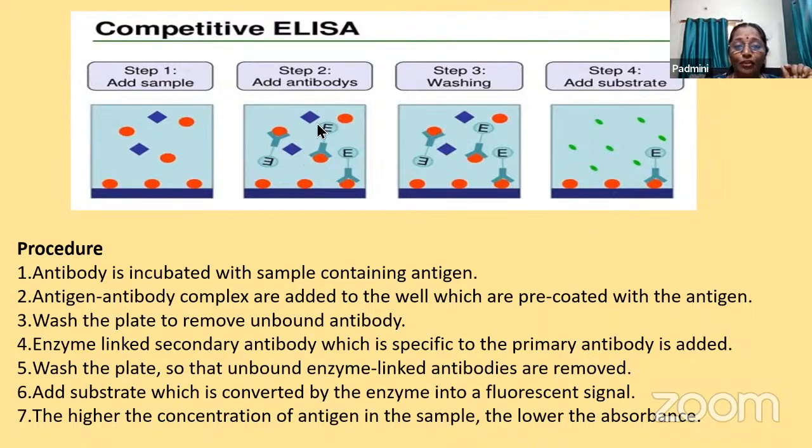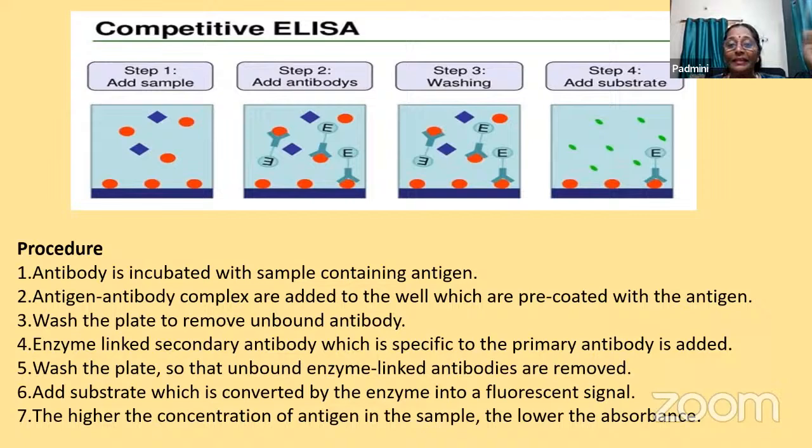And when you add the solution into a pre-coated well, which already has the antigens, any unbound antibodies that are present are going to get attached over there. If there are more antigens, more antibodies are going to get attached to the patient's antigen, so there are no more free antibodies present.